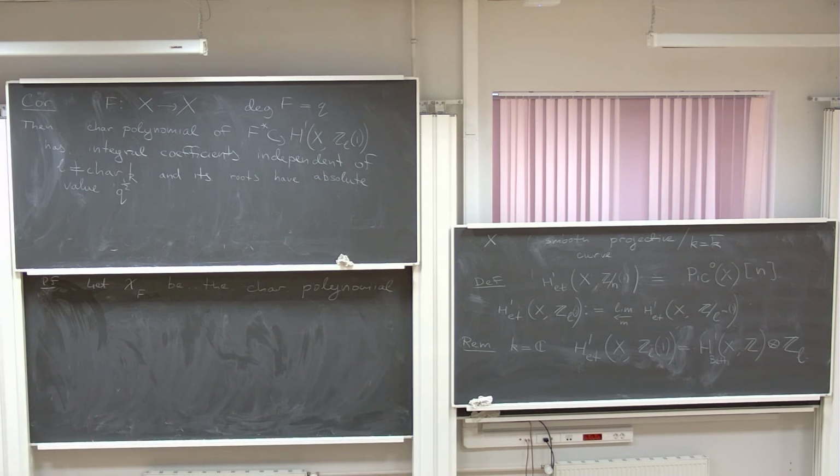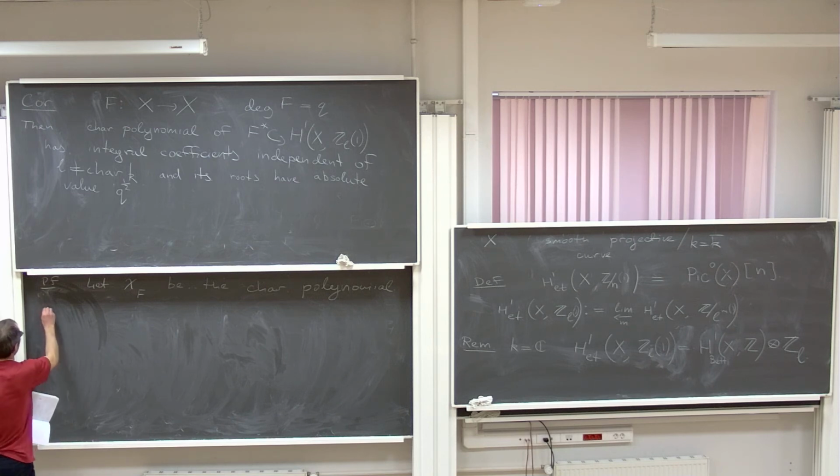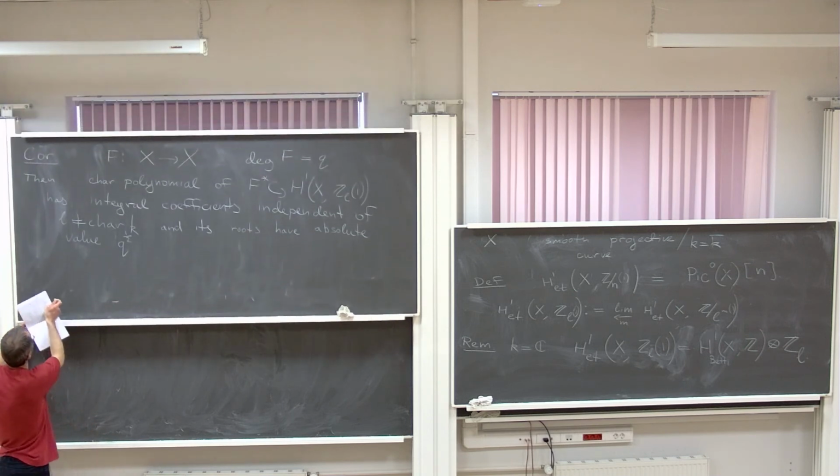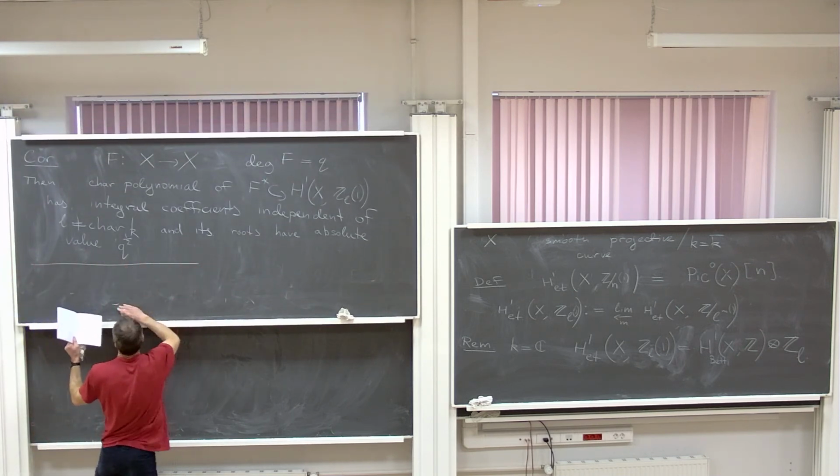So what do we know about this polynomial? First of all, from the Lefschetz formula, sorry, I have erased it. I shouldn't have done this. So I have to repeat it again.